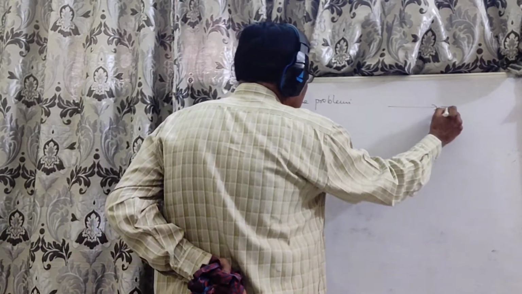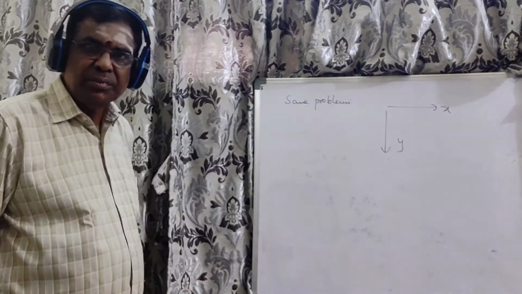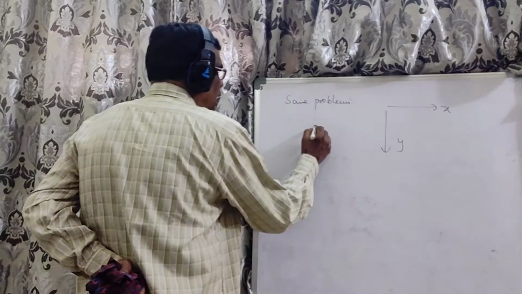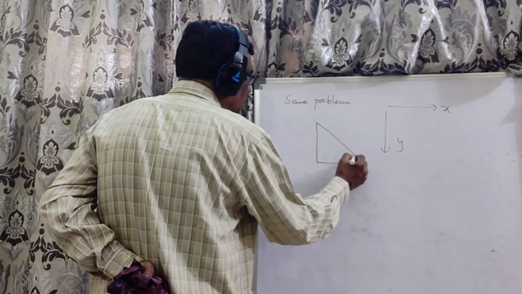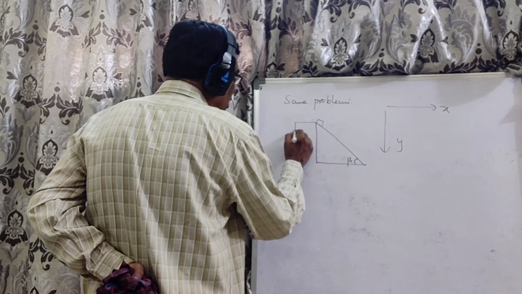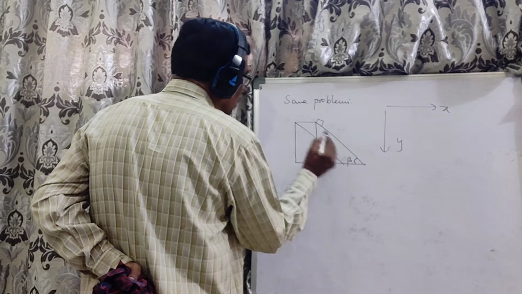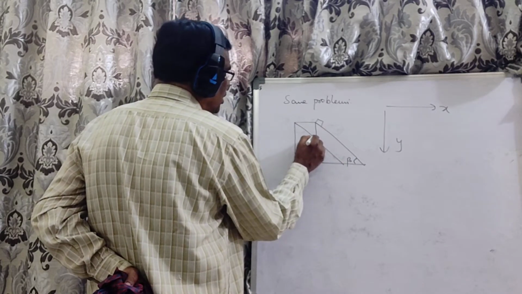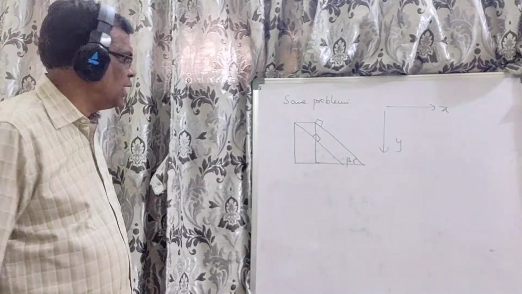Your x is like this, y is like this. Same problem, I'll show you. Initially, this is where the body is; after some time it has gone like this. So this body might have come here, we don't know, something like that.